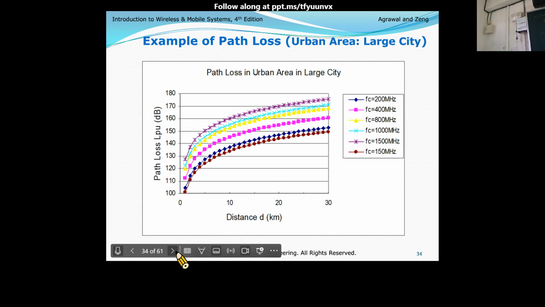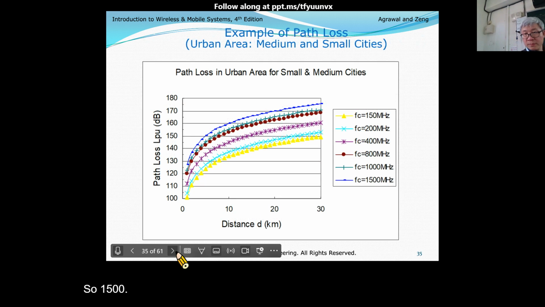So first of all, check the color. All right, so this one, highest frequency here, 1,500. This one, different color but same, so comparable.